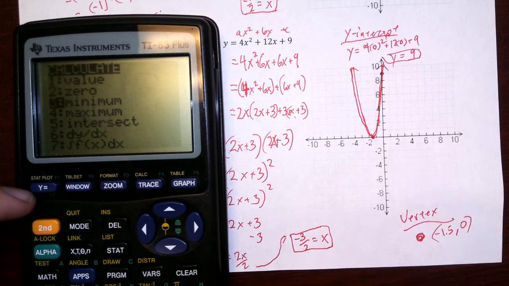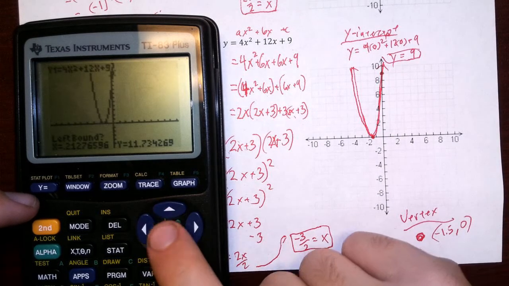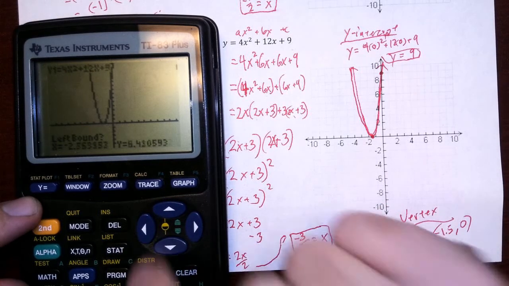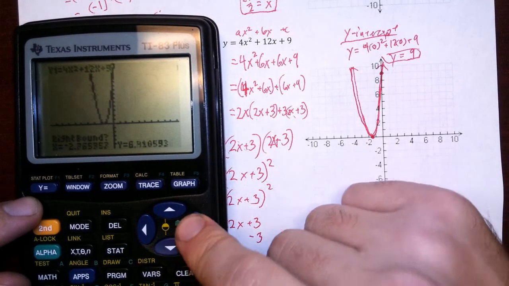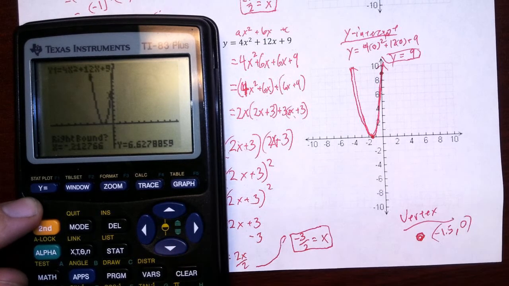We can even check this out on our calculator by finding the minimum, because we have a minimum here. Side note, we have a minimum. What does that mean about the concavity? It's concave up. Going and finding the minimum, left bound and then right bound.